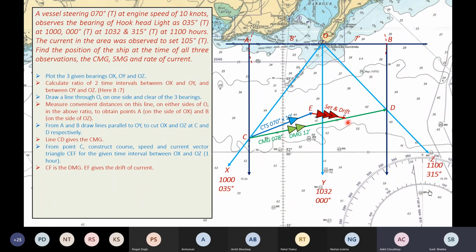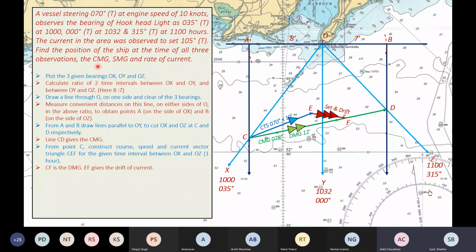So side CF represents the course made good, which is 078, and the distance made good, which comes to 12 miles. This is the distance made good by the vessel in 1 hour. Side CE, the blue color side, represents the CTS vector with a duration of 1 hour, and side EF represents the set and drift vector, the current vector, again for a duration of 1 hour.